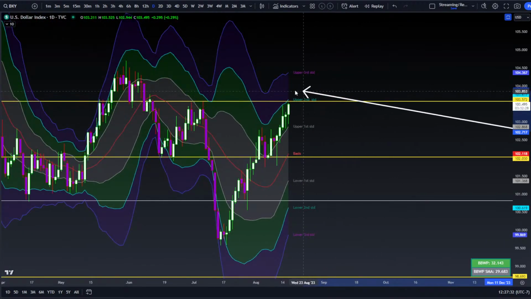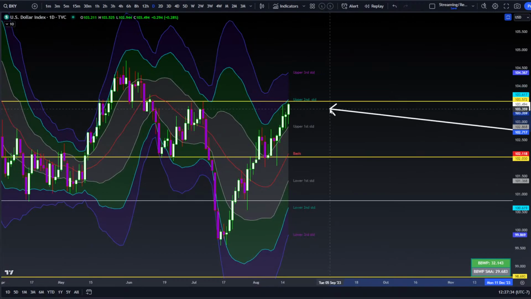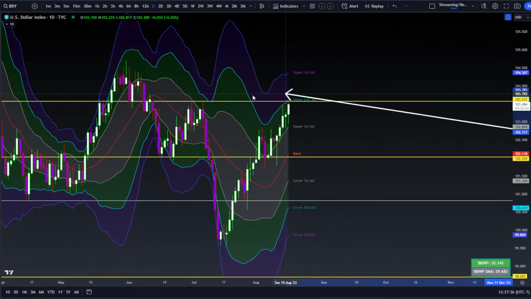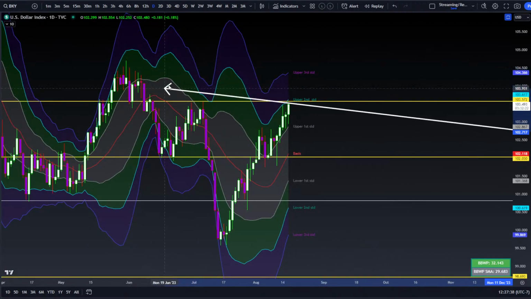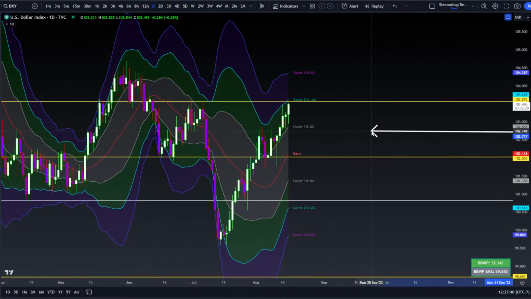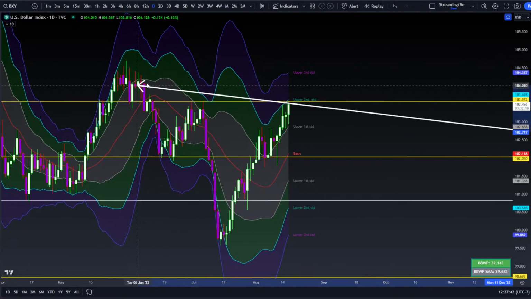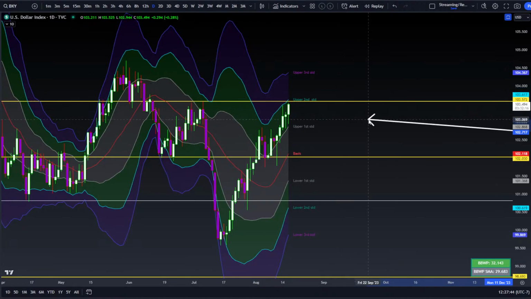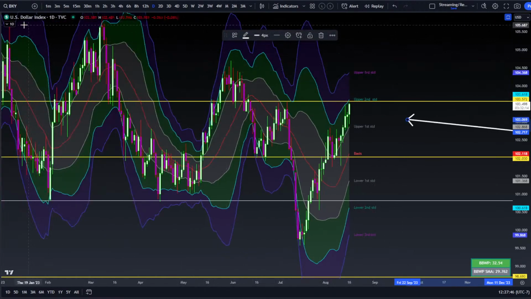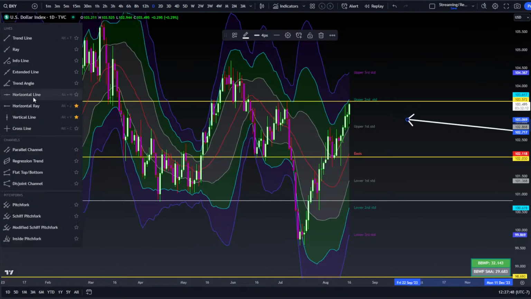If it can recover here, I would still be looking for a possible deviation of this high, but I would be looking further up. So 104 to 104.50 at this high side structure on the daily for Dixie here.